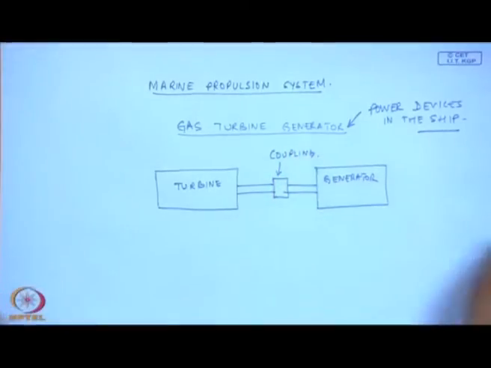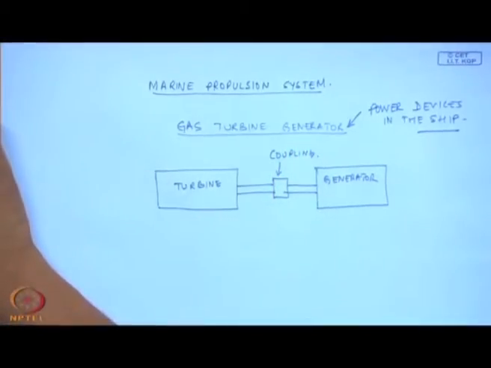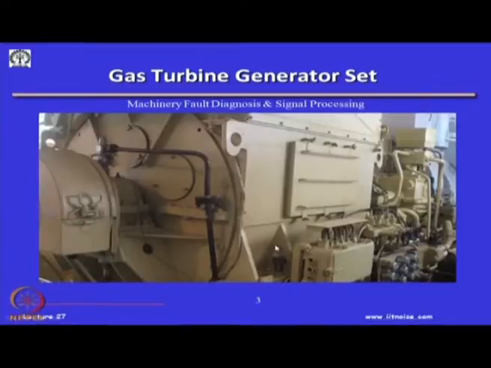So, I will show you a few pictures of condition monitoring we did on a gas turbine. This is the gas turbine, and this is coupled to a generator. Okay, I am sorry, this is the gas turbine end here. You can see the heavy exhaust here, and this is the generator.